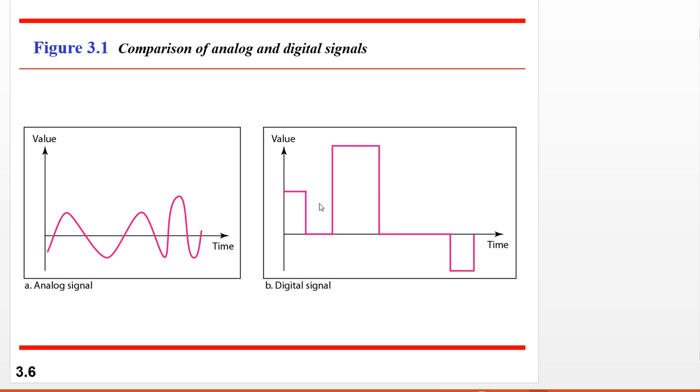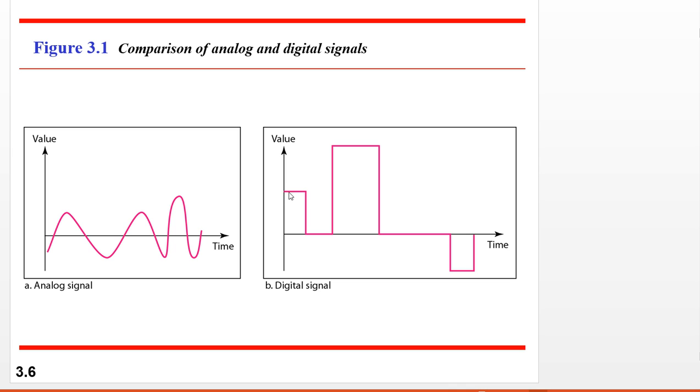The first one is the analog signal. See now, if I start to draw from here to here, like this, this is a continuous line, right? So how many points have I connected if you draw this with dotted lines? That is an infinite number of values in a range for this analog signal, whereas a digital signal has horizontal and vertical lines.